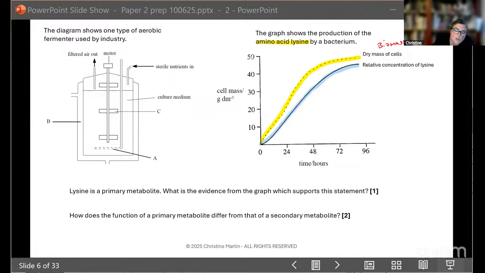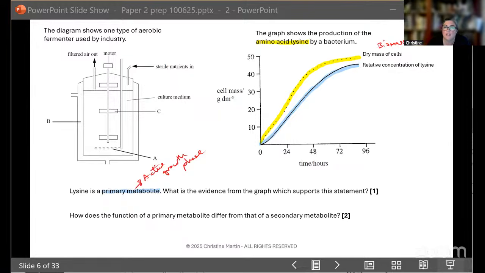They've told me in the question that lysine is a primary metabolite, and because they've told me that, they're asking me, what's the evidence from the graph? Well, if you were in my session yesterday, you'll know that the primary metabolite is produced during the active growth phase. So this is evident in this graph: there is an increase, and that increase is produced early in the cycle and throughout the growth stage.